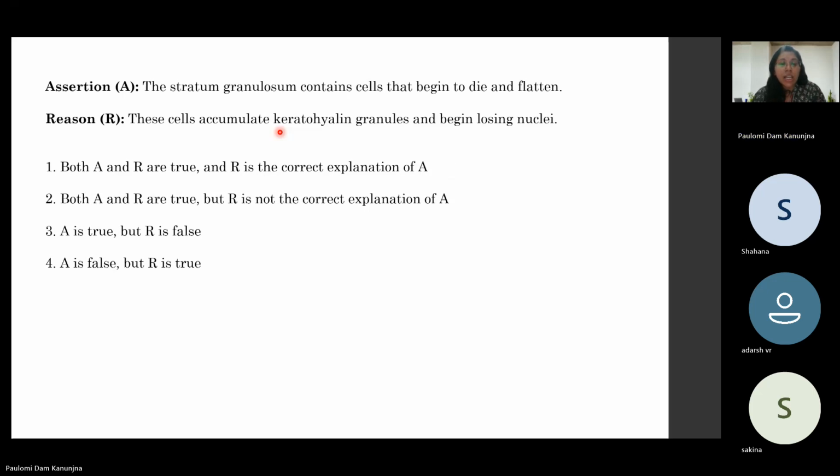Okay. Next one. The stratum granulosum contains cells that begin to die and flatten. And the second statement says these cells accumulate keratohyalin granules and begin losing nuclei. So which one do you think?